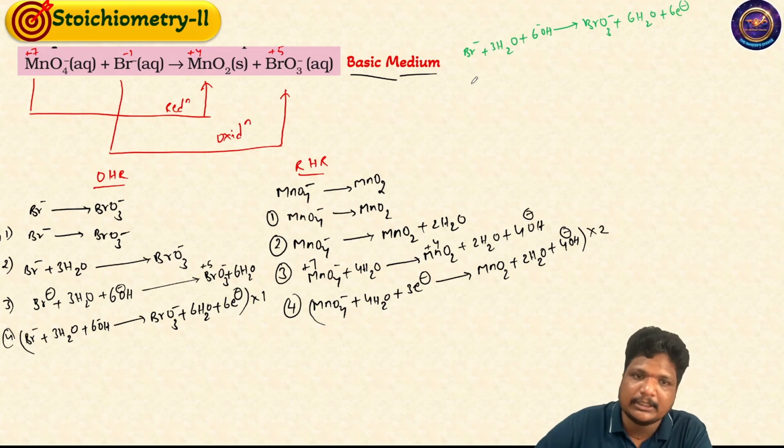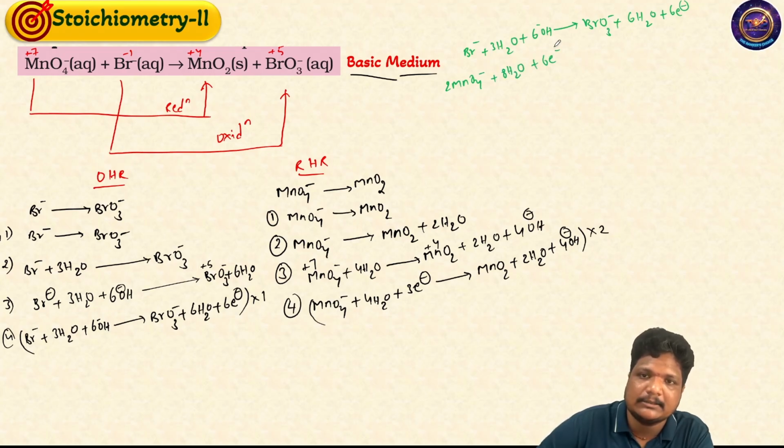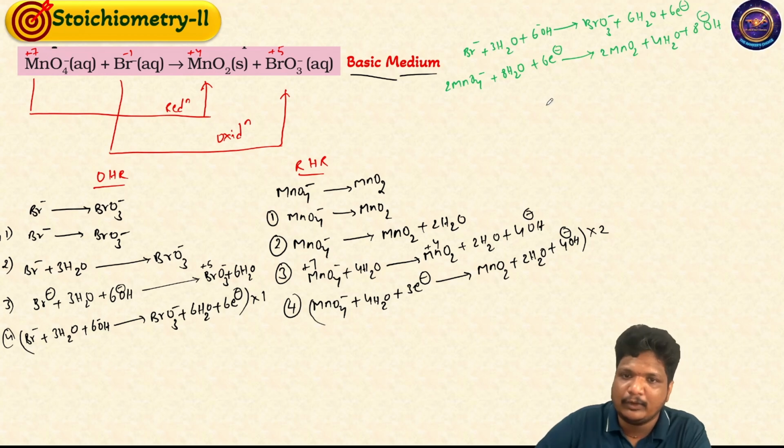In the reduction reaction, 2MnO4 minus plus 8H2O plus 6 electrons gives rise to 2MnO2 plus 4H2O plus 8OH minus.